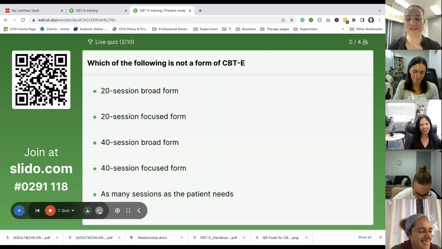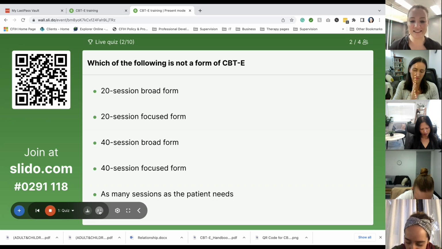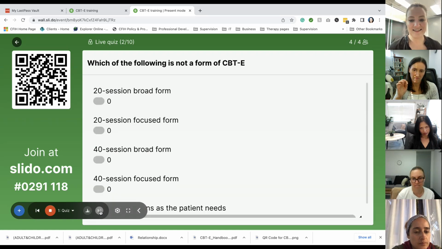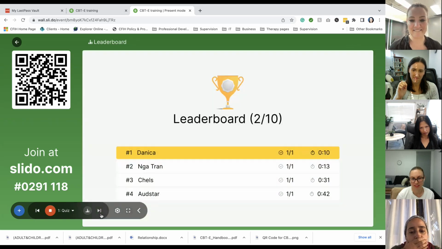Question 2, which of the following is not a form of CBT-E? 20-session broad form, 20-session focused, 40-session broad form, 40-session focused, or as many sessions as the patient needs. 3, 2, 1. Ah, you've nailed it. So all 4 of you got it right again. And Danica again.